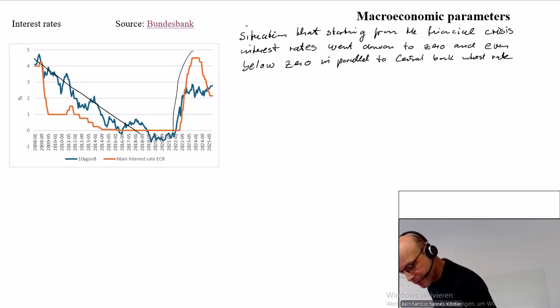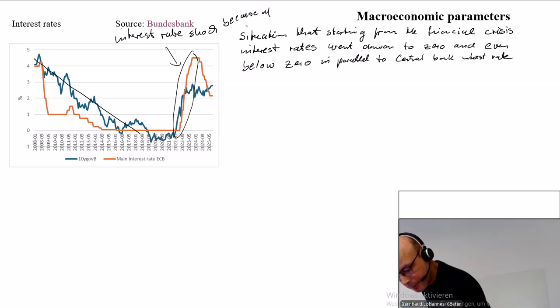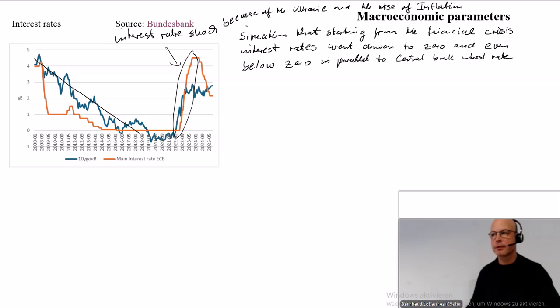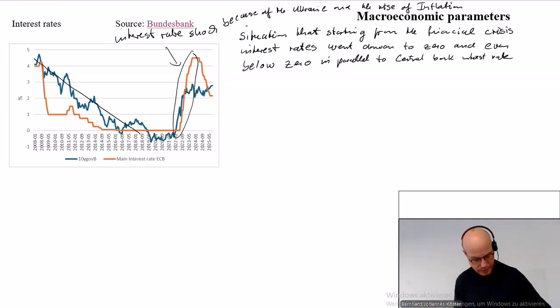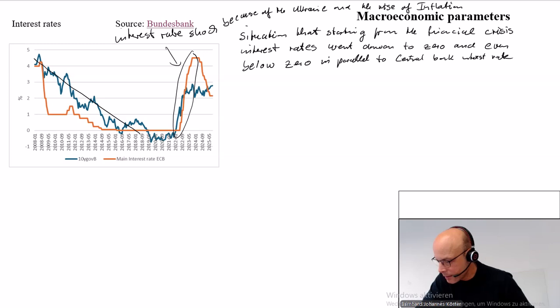And then you have here this interest rate shock after or because of the Ukraine war, and the rise of inflation.